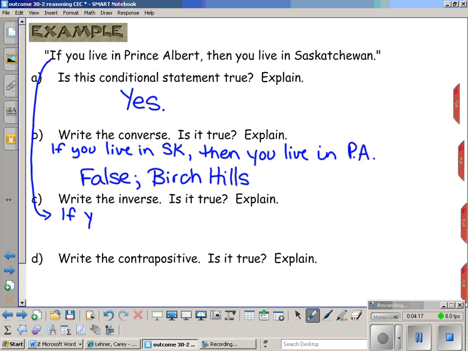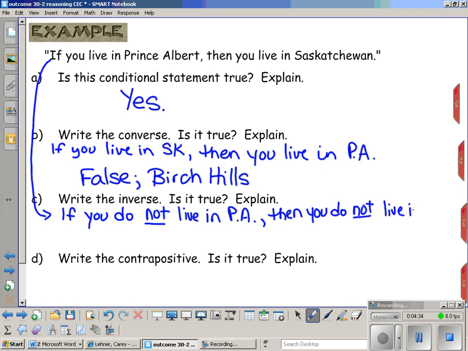So if you do not live in Prince Albert, then you do not live in Saskatchewan. So that is the inverse.